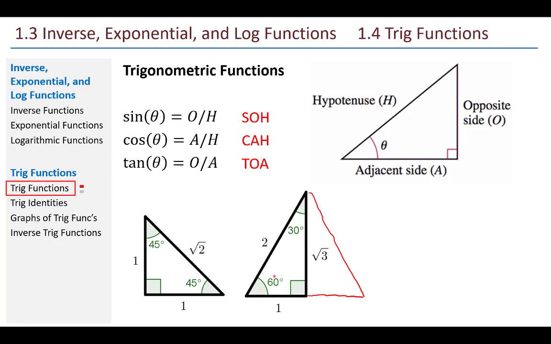An equilateral triangle has angles 60, 60, 60, and all lengths are the same. So if one side has length 2, then half of that side has length 1, and then you can use the Pythagorean theorem to figure out that the remaining side has length square root of 3. So if you can memorize these two triangles, that will help you figure out 95% of all trig problems.